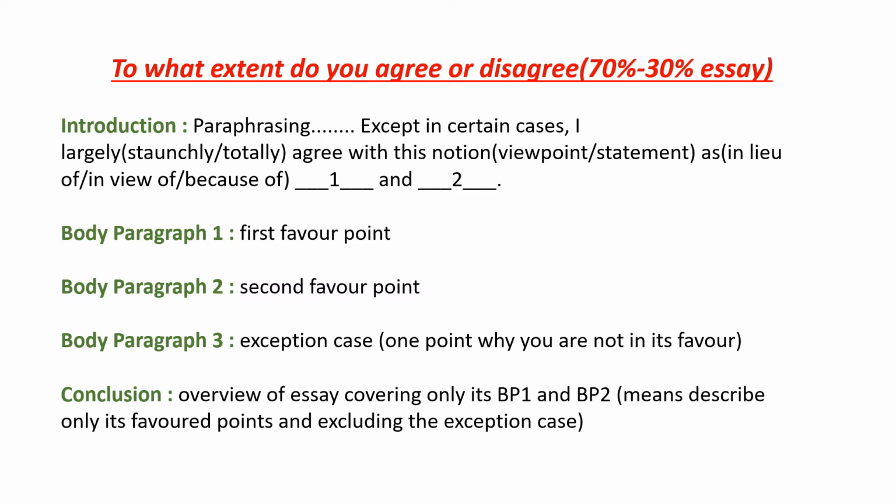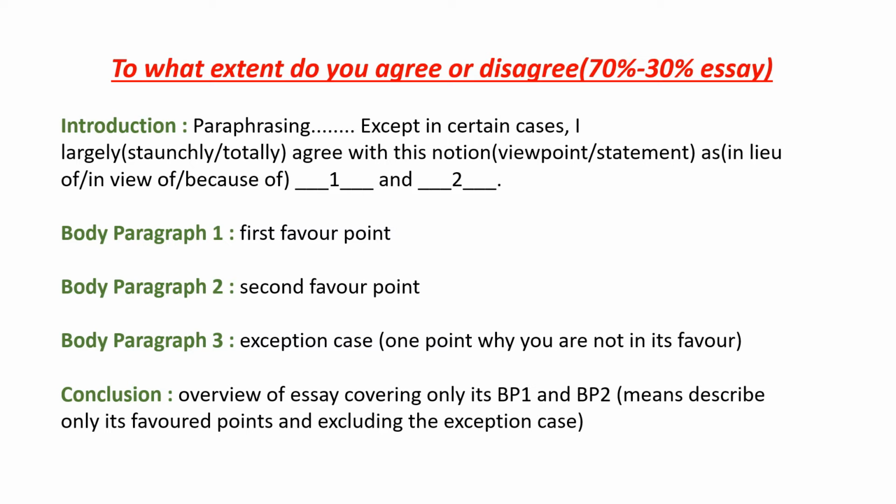So next, in your body paragraph 1, you have to explain your first idea about your 70% viewpoint, that is why you are in the favor of the question. In the second body paragraph, you have to explain your second point, that why you are in its favor. And in the body paragraph 3, you have to give the exception case, that is one point which shows that why you are against the question.